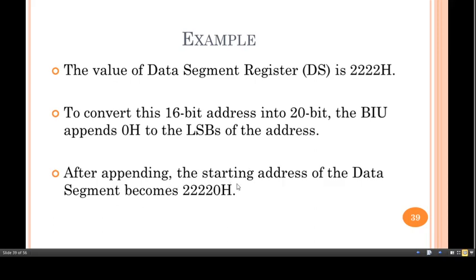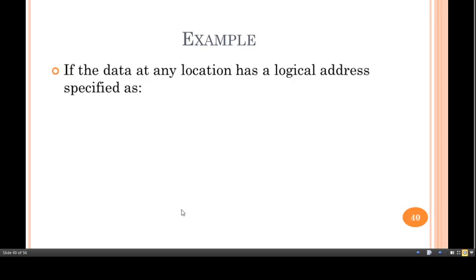After appending, the starting address of the data segment becomes 22220H. When the 0 is appended to this data segment register, we get the 20-bit address 22220H, and it is nothing but the starting address of the data segment.